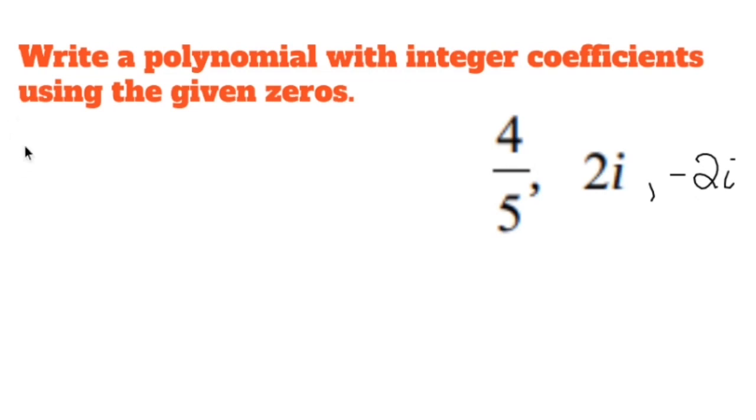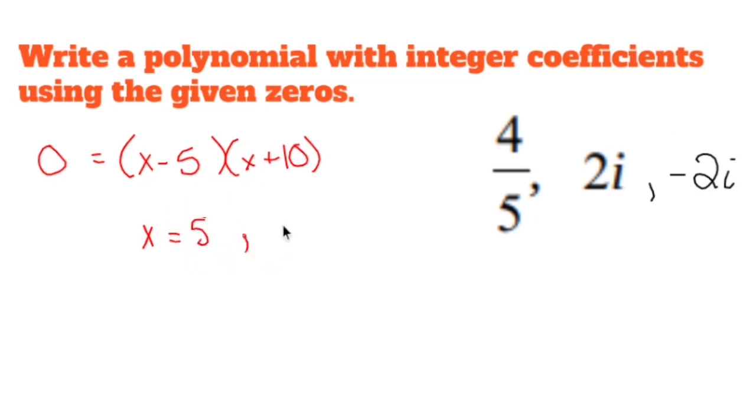Now, another thing I want to look at is reminding ourselves what the zero product property says. If I have something that looks like this, and I'm just picking random numbers, I know that my answers are going to be x equals 5 and x equals -10. So if I get the parentheses, then I know the roots.